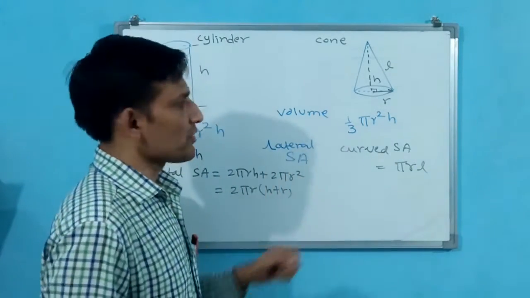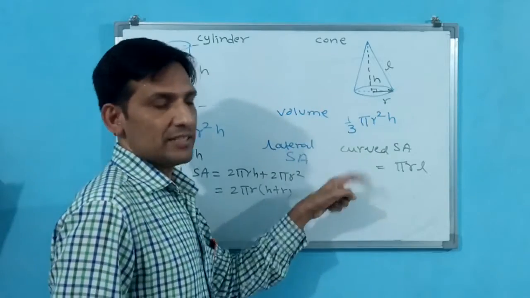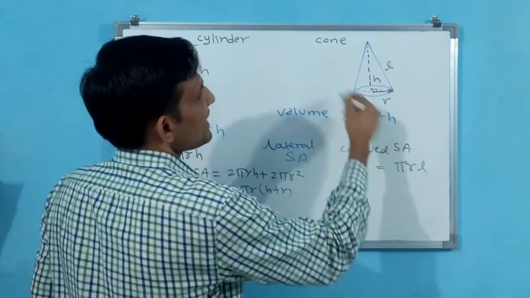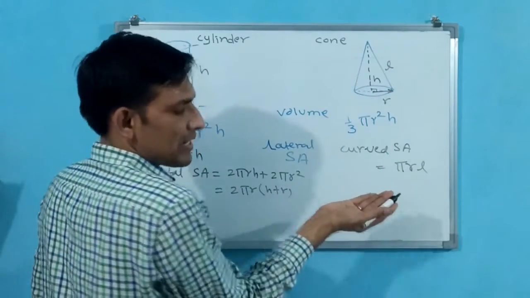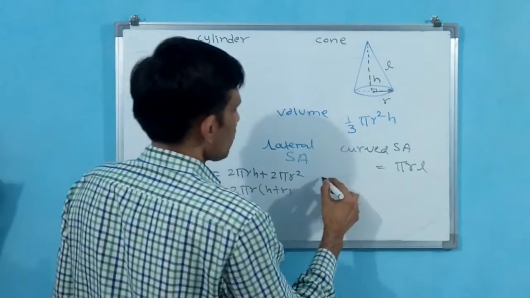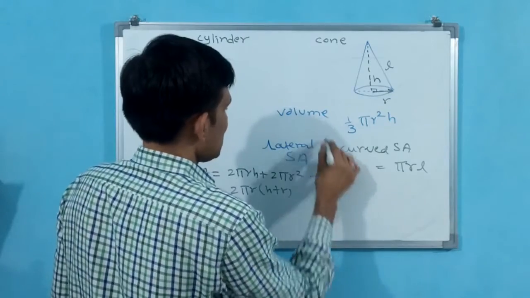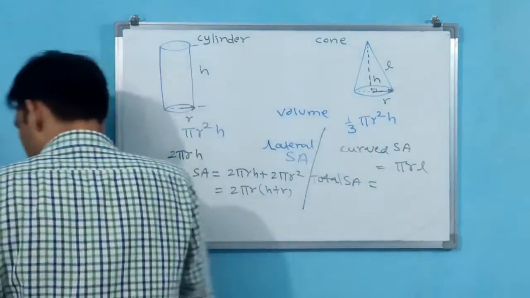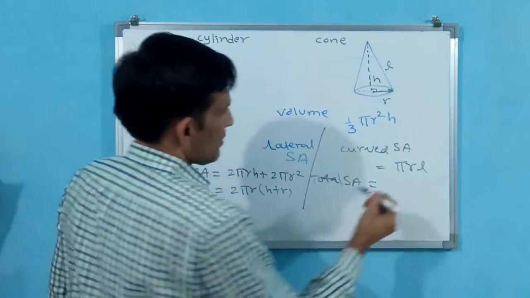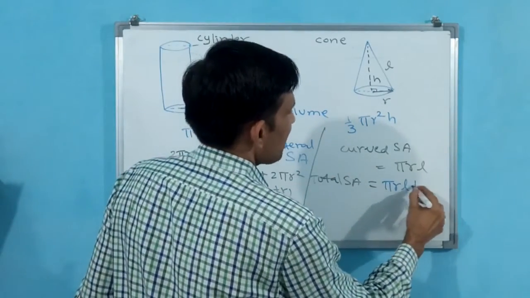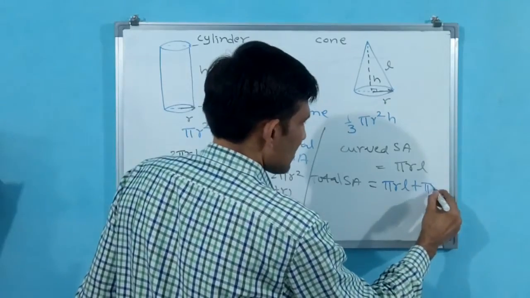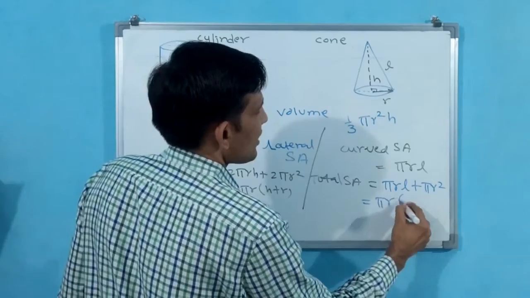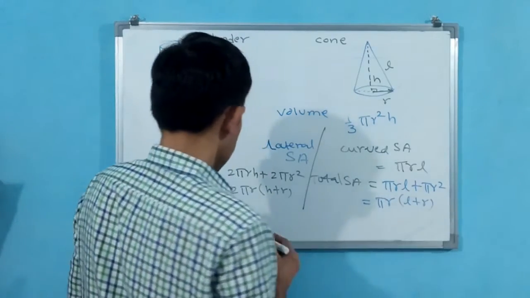Volume means 3 times you have to reduce, pi r square h but by 3. And here total surface area will be pi RL plus the bottom pi r square. That means total surface area is equal to pi RL plus pi r square. Then take pi r as common, L plus r.